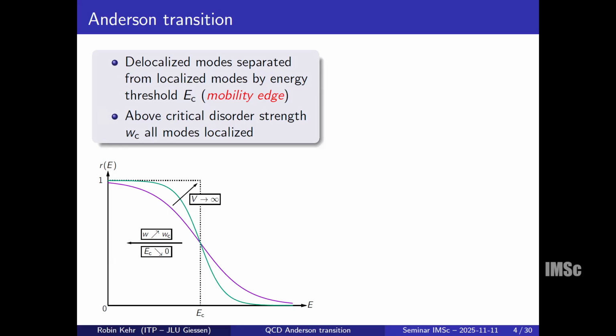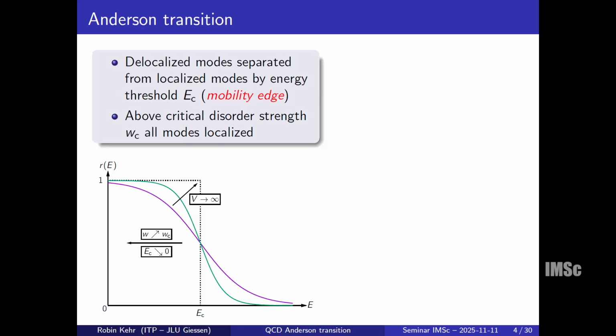Here you see a sketch of the Anderson transition, with R being some measure of localization. R equal to 1 means perfectly delocalized and R equal to 0 means perfectly localized. The delocalized modes are separated from the localized ones by the so-called mobility edge, this energy threshold here.